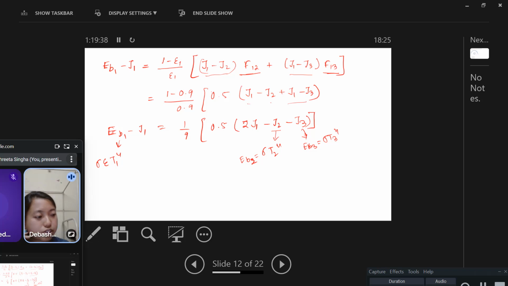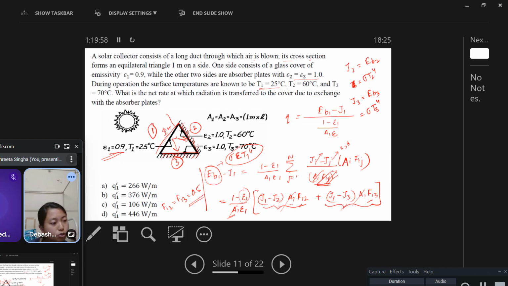From here, can you calculate J1? J1 is not equal to EB1 because it is not a black body. Only in the case of black bodies is J equal to EB. So everything is there. Epsilon 1, T1, T2, T3 are given. T1 is 25, T2 is 60, T3 is 70.